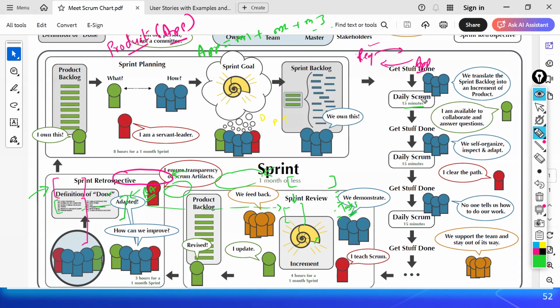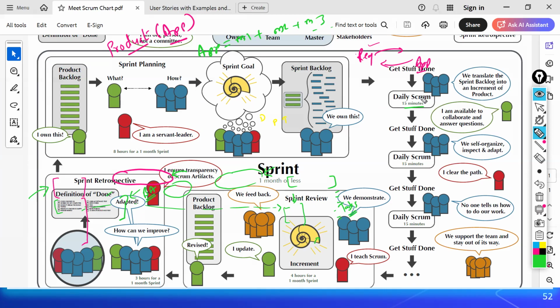Because we're meeting every day, you can tell what you did yesterday, what you're going to do today, and any issues you're facing. That's it, and everyone from the team would participate in this. That is your daily scrum.